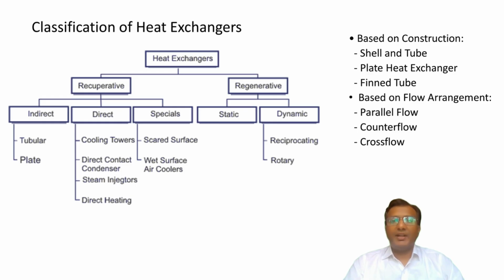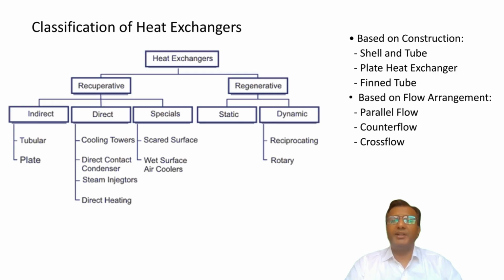Heat exchangers are classified based on construction and flow arrangement. By construction, common types include shell and tube, plate heat exchangers, and fin tube exchangers. Shell and tube designs feature tubes inside a large shell, ideal for high pressure applications. Plate heat exchangers use stacked plates for compact, efficient transfer, while fin tube exchangers enhance heat transfer with extended surfaces.